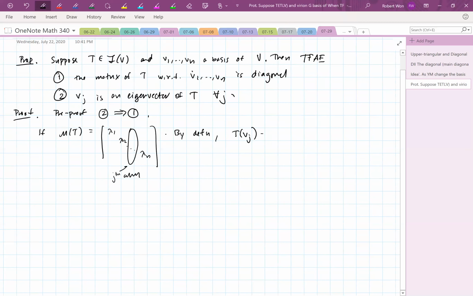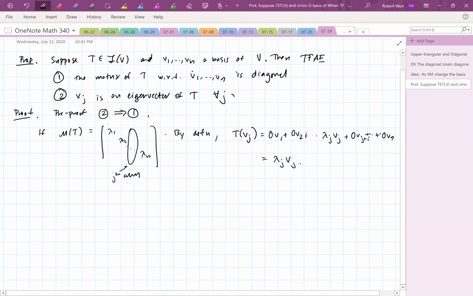What is the jth column? It's 0, 0, there's a lambda j in the jth slot, 0, 0. Which is exactly saying that T of Vj is lambda j Vj. Which means that Vj is an eigenvector of T. And this is true for all j.